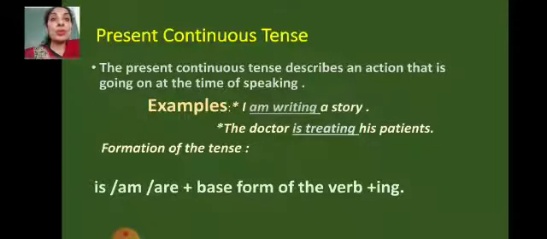Suppose you are going out of your home and you meet your friend and he asks you, what's going on nowadays, what are you doing nowadays? So you say, okay, I'm writing a story, I'm writing a poem nowadays. It means that you are not writing in front of him, but that action is happening when you are speaking.